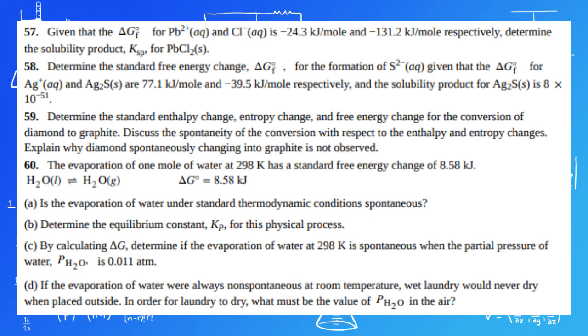You'll even see that when you look at data tables. You'll see delta H and delta G of formation. Whenever one is 0, the other is also 0. But yeah, what did 57 say? Determine the solubility product using delta G. We've shown how to calculate Ks from delta Gs.